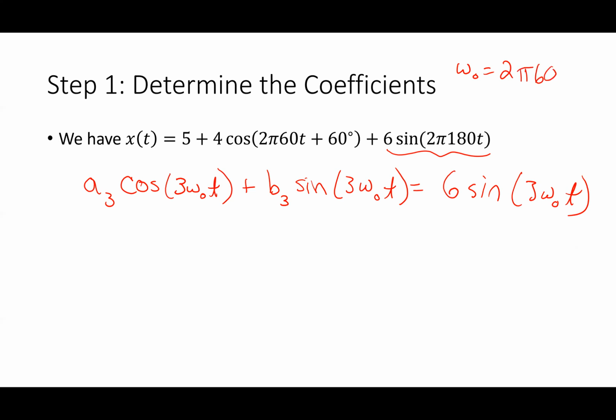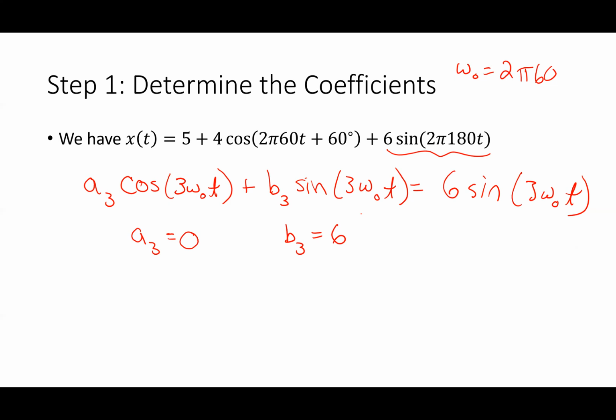You guys with me there? Looking at that, I have some stuff to solve for. Do I have a cosine term on both sides of that equal sign? No. So what does A3 have to be equal to? 0, because I don't have a cosine. I do have a B3, and the B3 value is 6.